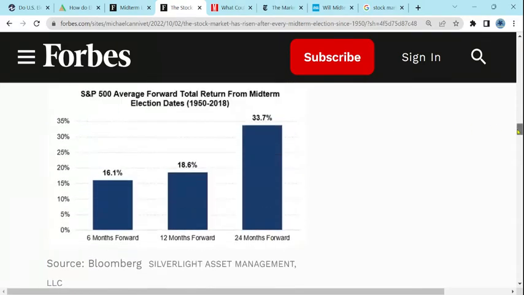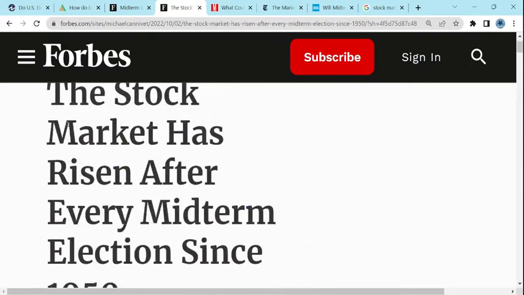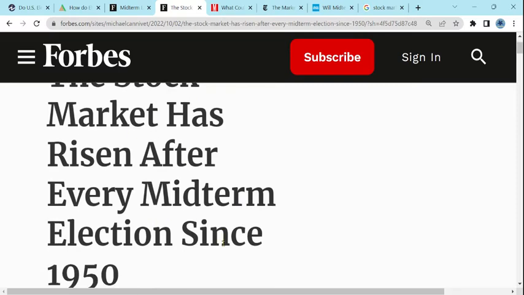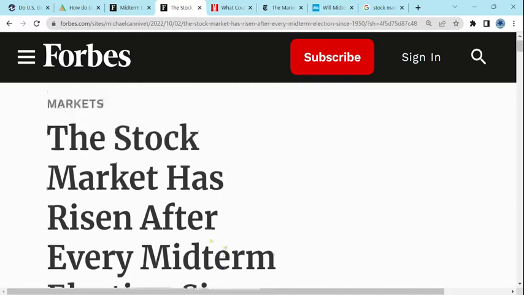So again, the conclusion is that the stock market has risen after every midterm election since 1950, both in the near term 6 months, the 12 months after, and the 24 months after. So I hope that all helps.